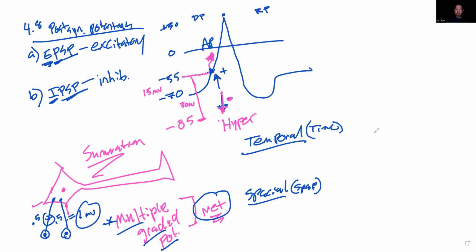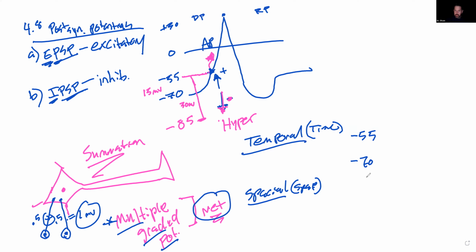So let's take, for instance, our image up here of our action potential, and let's say we have negative 55, negative 70, right?